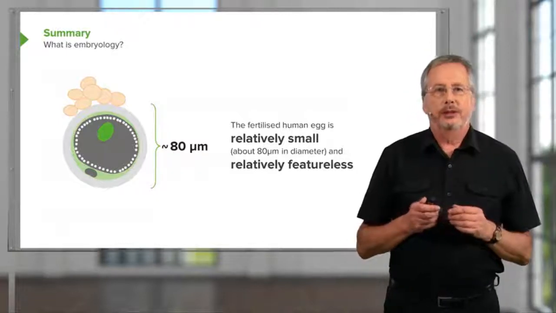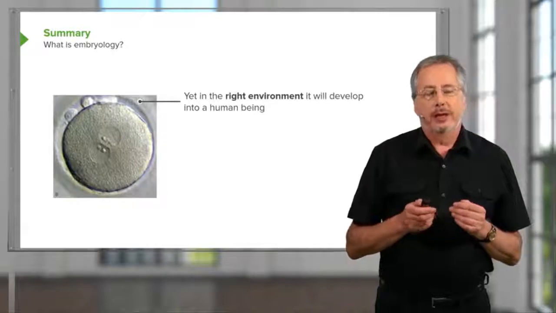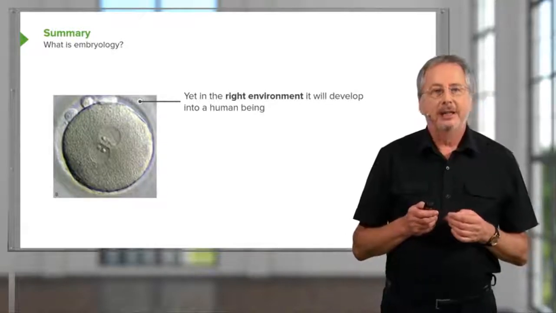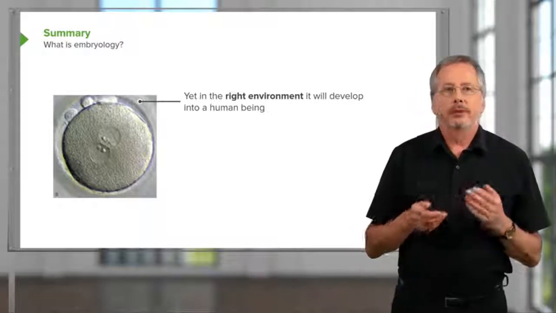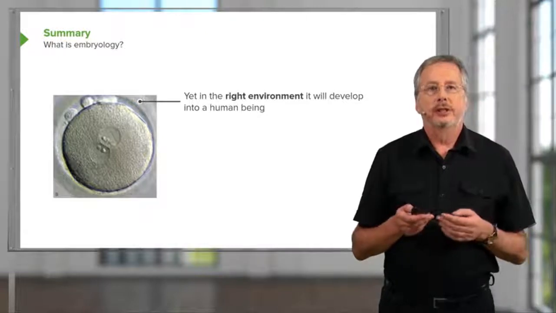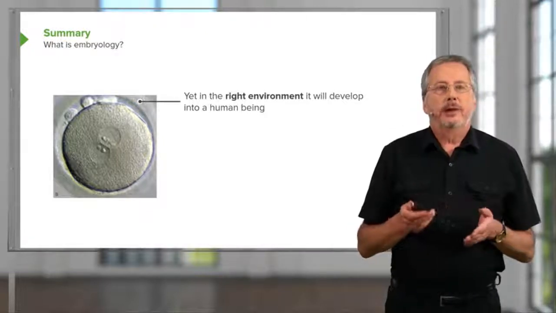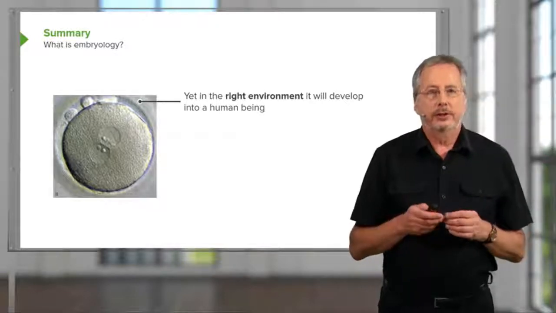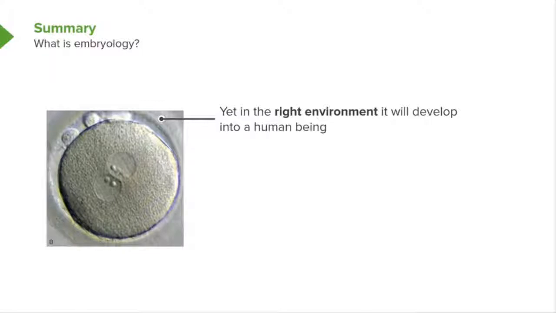The diagram doesn't make this quite clear, but if we look at a photograph of a newly fertilized human egg, you can see that the cytoplasm does not contain any obvious structures. It looks fairly homogeneous. And yet, in the correct environment, this single, rather small object is capable of turning into a full human being. So obviously, there are very many important changes that have taken place along the route, and it's some of these that we'll be looking at in this lecture.